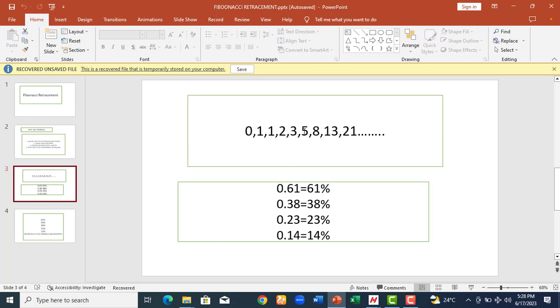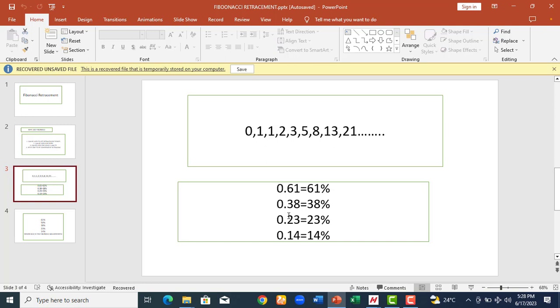When you do 3 divided by 5, it's still going to give you 0.61. So what does that mean? It means that this 0.61 that is repeating itself is very important in the market. That 0.61 is known as the Fibonacci golden ratio. Please note it. It's very key in the Forex market.